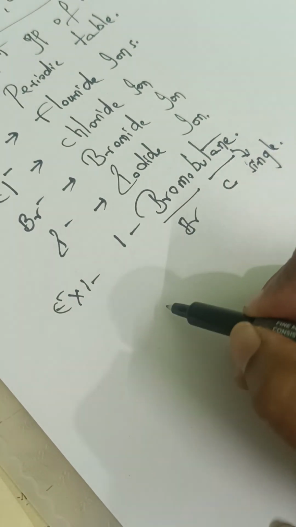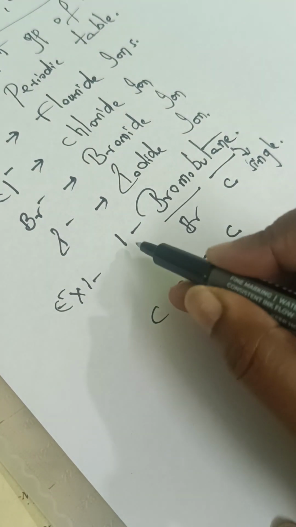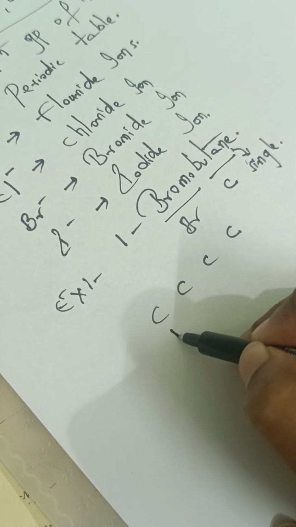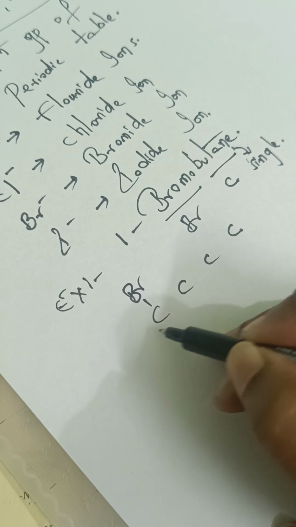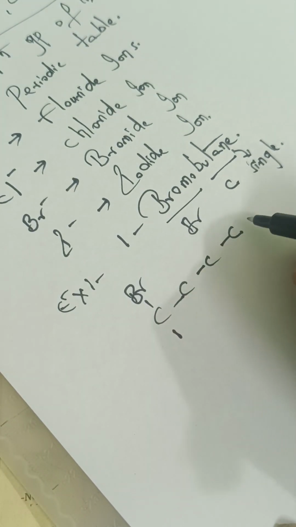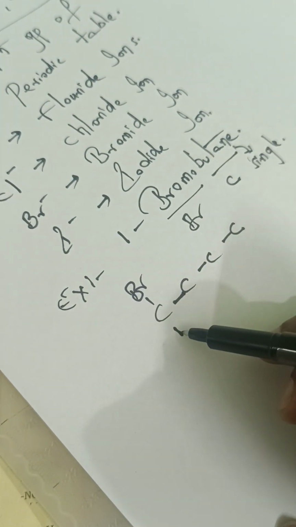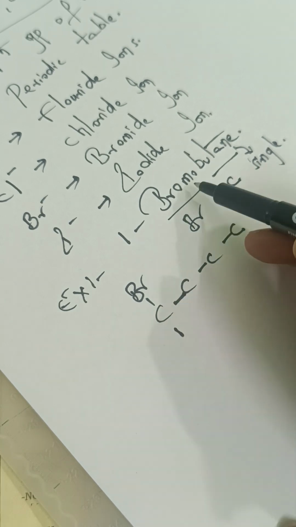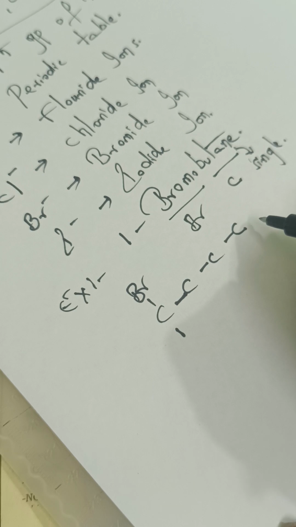So I am taking the chain 1, 2, 3, 4. At 1 you should have Br. You can take it on either side, below or towards the left side or at the top, and place the bonds. So at the first carbon atom I have taken the bromine, and buta means I have taken the chain as 4 carbons.